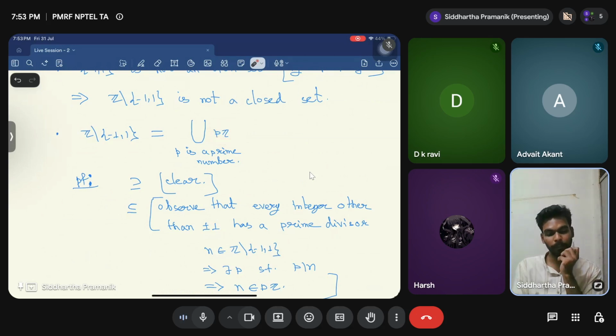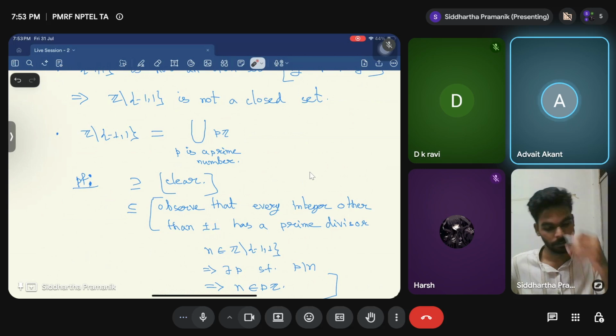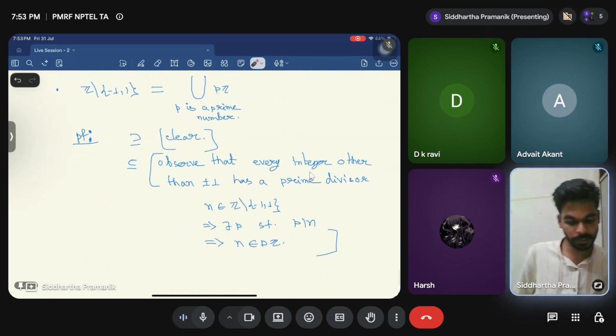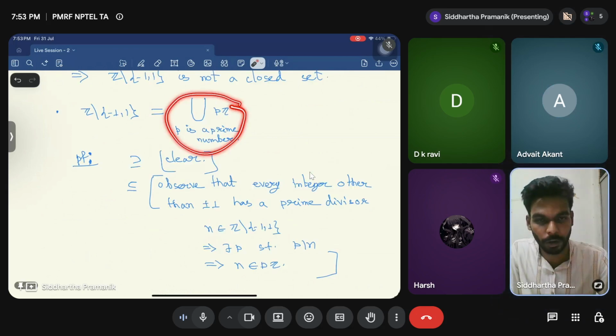So what will happen if there are only finitely many prime numbers? A finite union of closed sets is a closed set. Yes. So if there are finitely many prime numbers, then this is a finite union of closed sets. So this has to be a closed set. That is a contradiction.